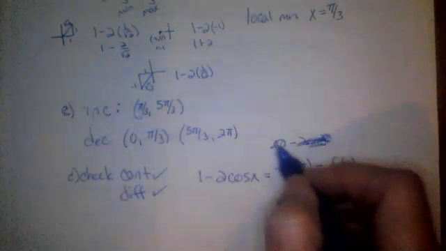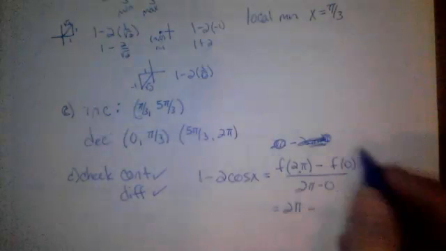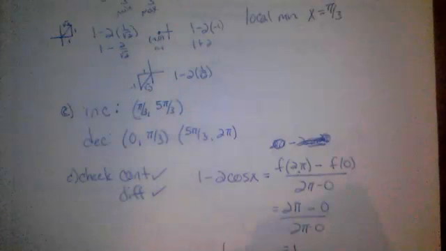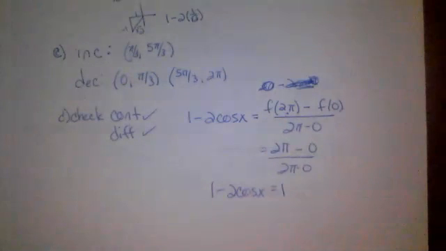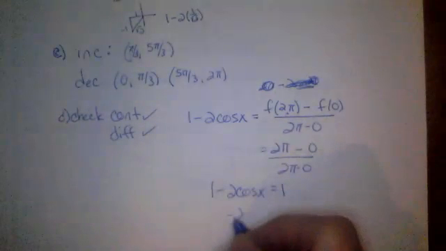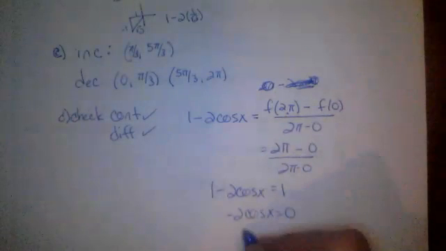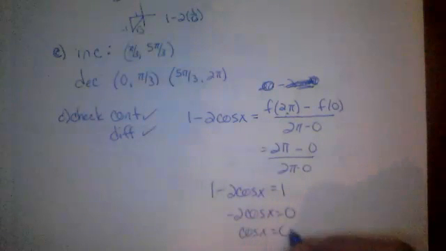And this would be 2 pi minus 0 over 2 pi minus 0, so I just get 1. So I have 1 minus 2 cosine x equals 1. All right, so subtract 1, I have negative 2 cosine x equals 0. Divide by negative 2, so cosine x is 0.